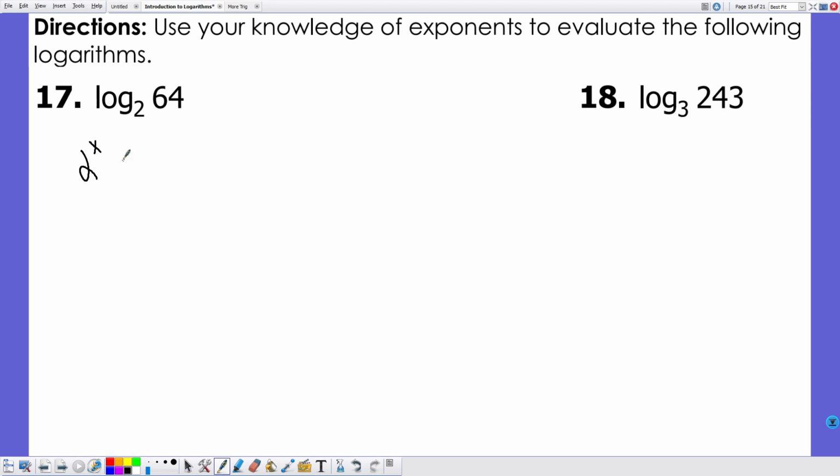2 to what power is 64? You can go through them with trial and error if you really are having trouble. If I didn't know this off the top of my head, I do know 64 is 8 times 8, and 8 is 4 times 2, and 4 is 2 squared.